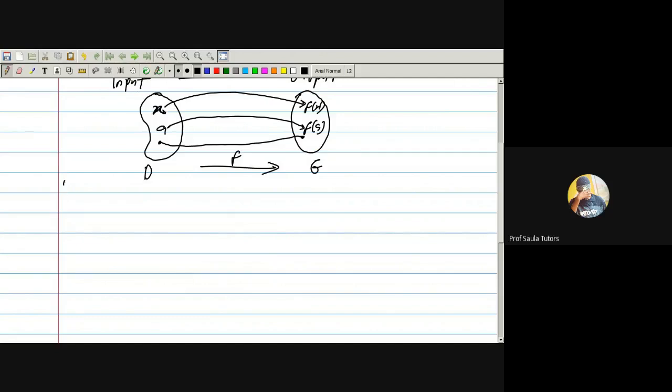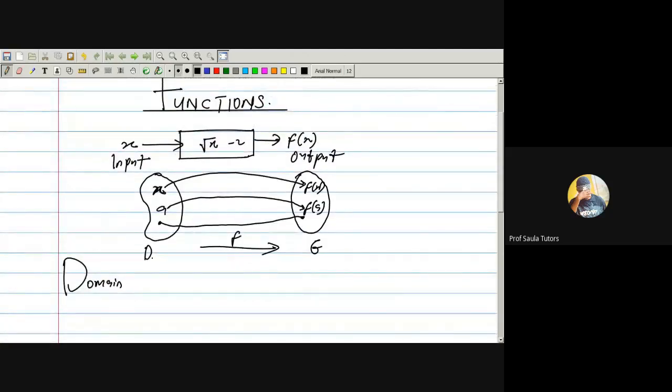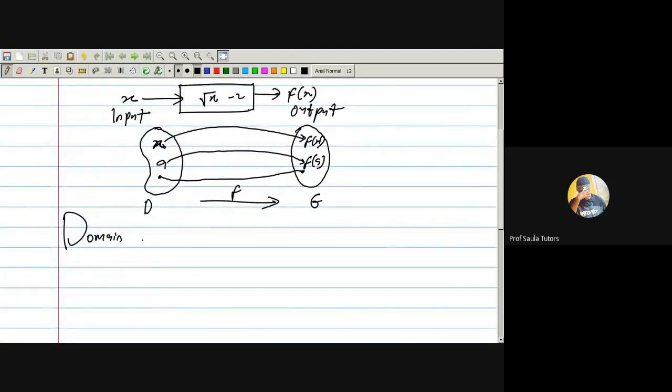The domain of such a function is the set of all numbers for which the formula they gave you is defined. If they give you a function in terms of a formula, just take note that the domain of that function is the set of all numbers for which the function is defined.